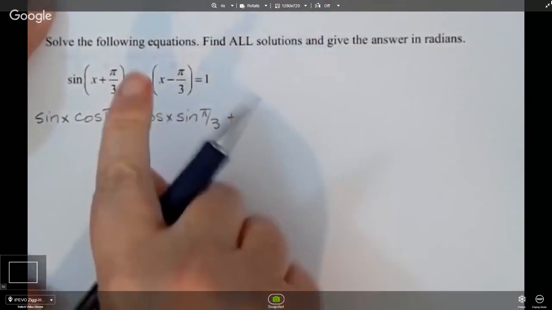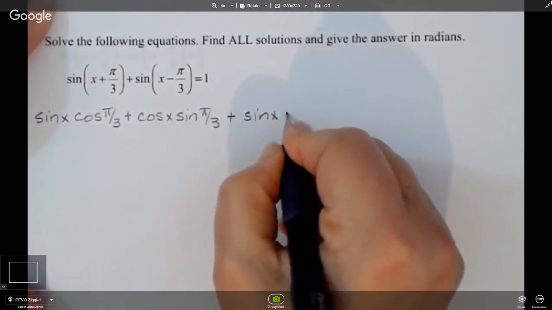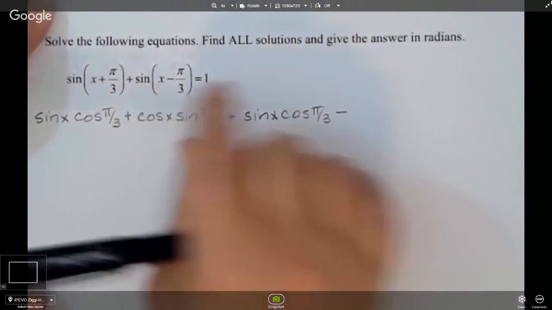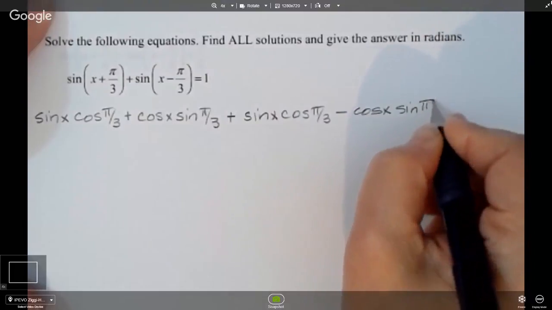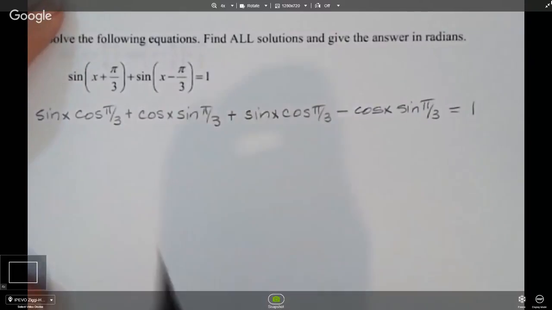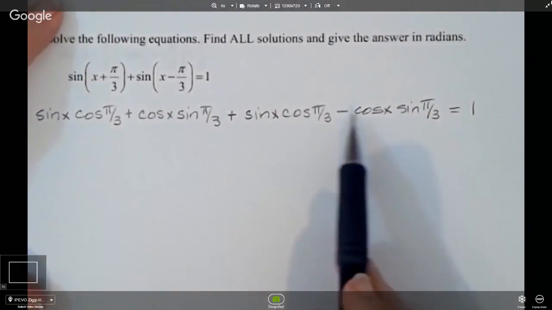Plus, now I'm going to expand the second one. That's going to be the sine of x cosine of pi over 3, minus, because the signs stay the same, the cosine of x sine of pi over 3, equals 1. All right, now right away, I'm hoping you notice that this term and this term are the same.